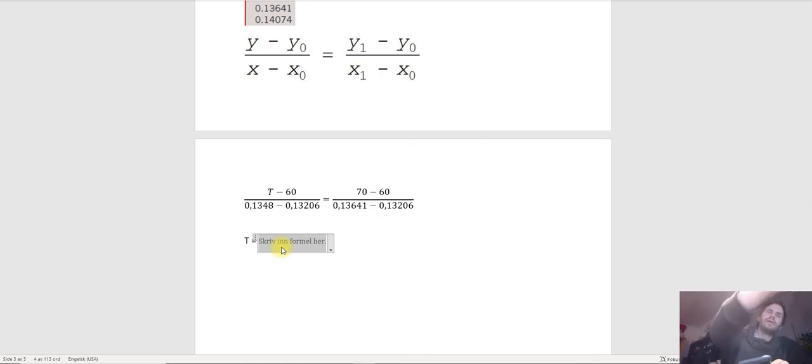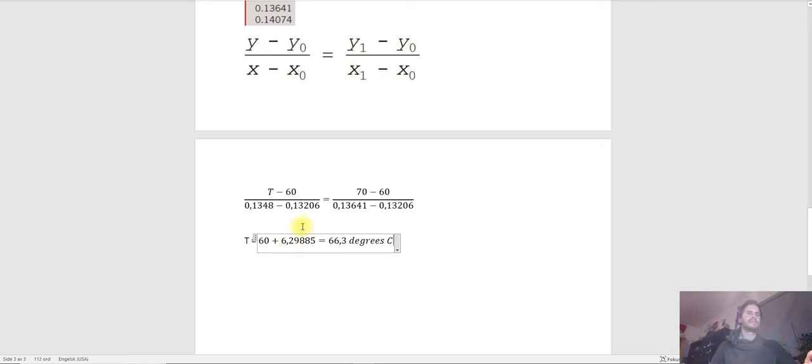And then you just move this 60 over there, so you get plus 60. And then the answer will be 60 plus 6.2988. It's too many decimals, but it will be 66.3 degrees Celsius. That will be the answer.